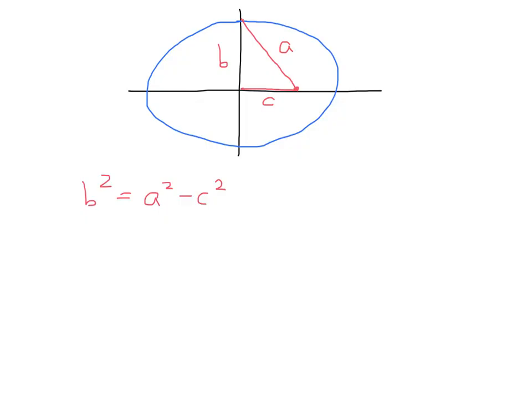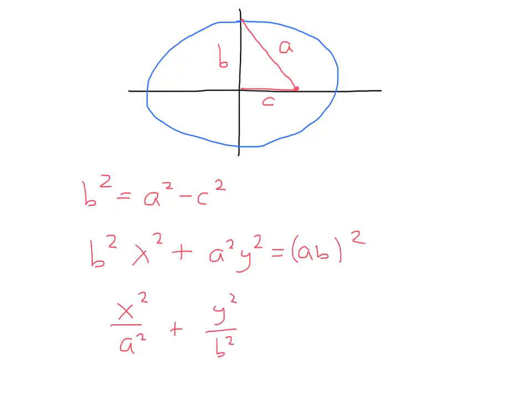And so I can go ahead and plug that into the equation we found previously, and we get that b squared x squared plus a squared y squared is equal to (ab) squared. So now just go ahead and divide through by a squared b squared, and we get x squared over a squared plus y squared over b squared is equal to 1, which is exactly the form for an ellipse that we knew from earlier in calculus class.